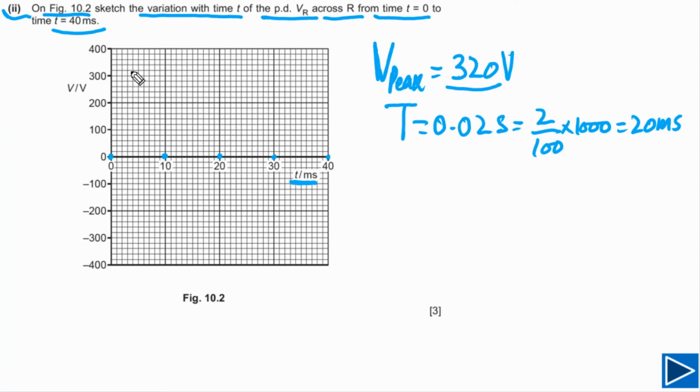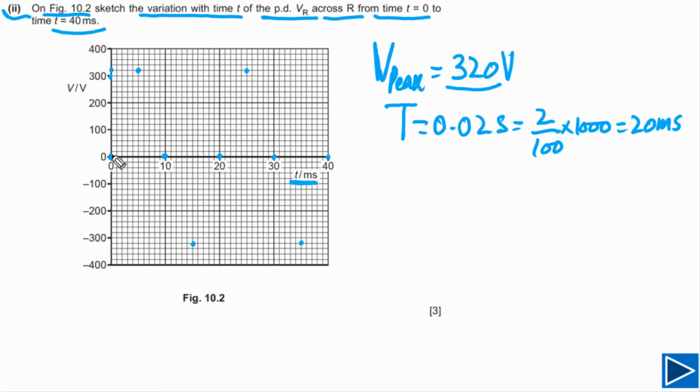In 1 half cycle we will have 1 peak value, so we can mark 320 halfway between 0 and 10. Here we have the first peak value, and the second, third and fourth peak values we mark here.